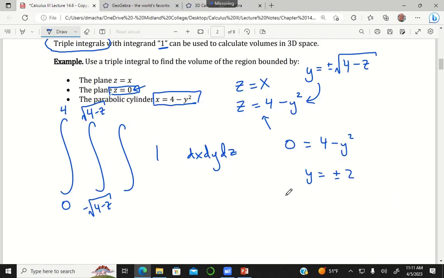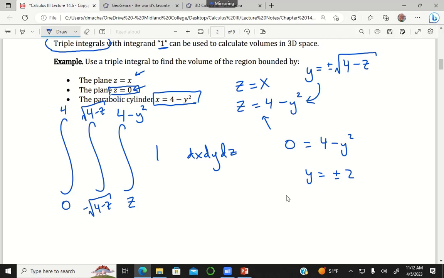So for my lower bound, I'm going to use the plane z equals x to bound the values of x I'm allowed to use from below. And then for my upper bound, I'm going to use the formula x equals 4 minus y squared, because it only depends on where the parabolic cylinder is.